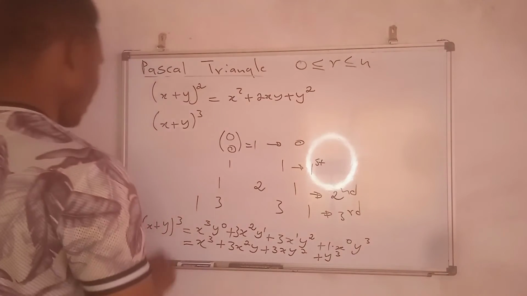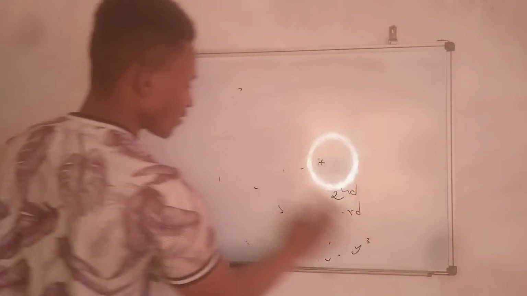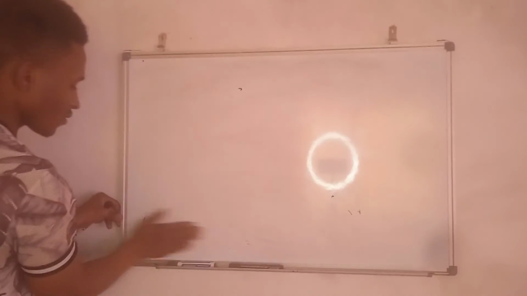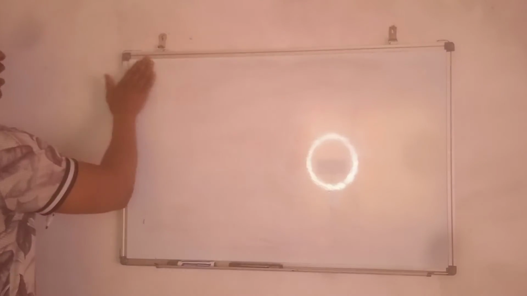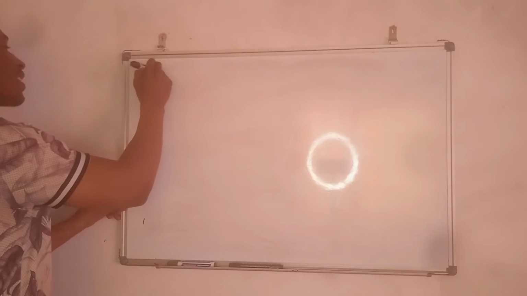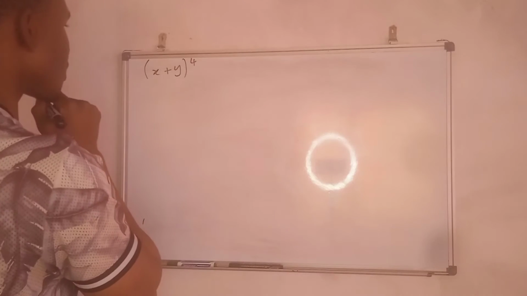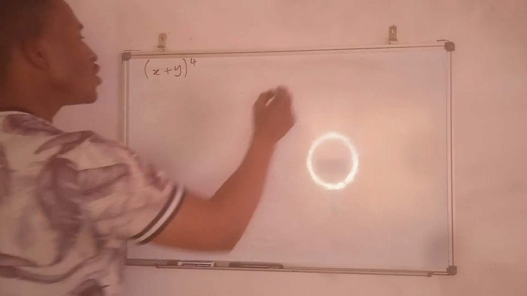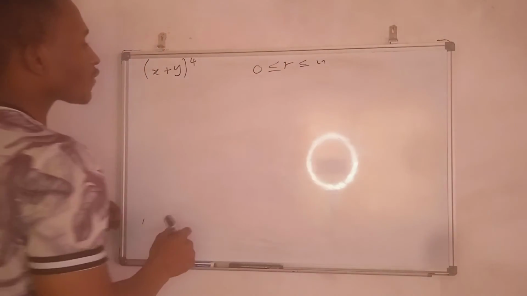So let's take another example. Suppose that right now they want us to expand x plus y to the power 4 this time. But we know that r lies between 0 and n, so we must start from 0.